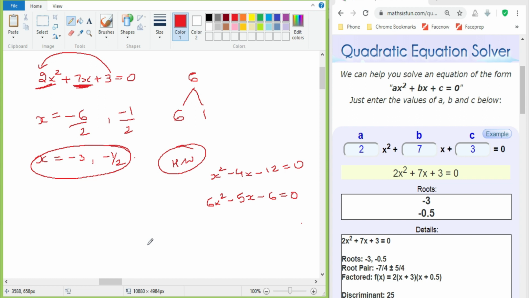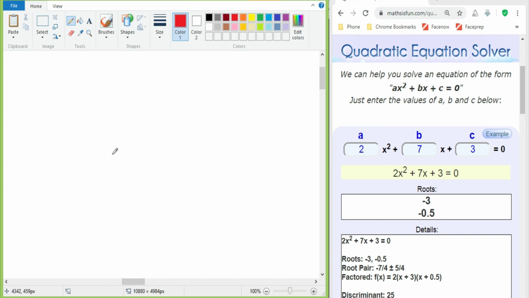Okay, so we are done with the questions which can be factorized. Now I'm going to let you know the question which cannot be factorized, or usage of formula.